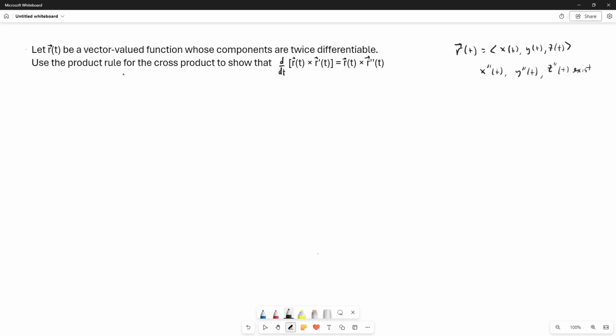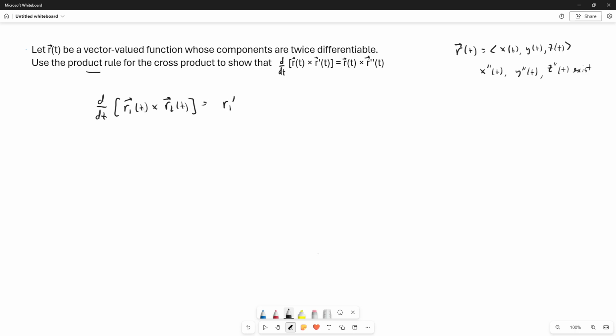So the product rule for the cross product: the derivative with respect to t of r1 of t cross r2 of t, the cross product of two vector-valued functions, is the same as the ordinary derivative of a product.